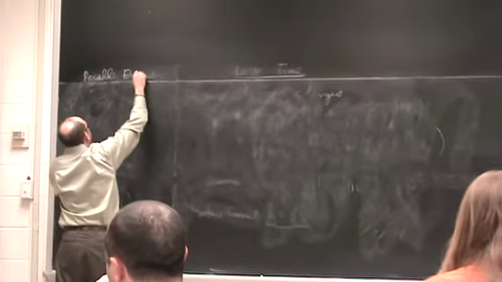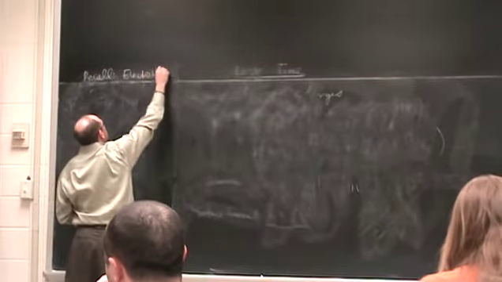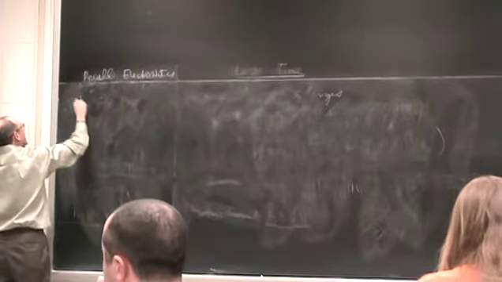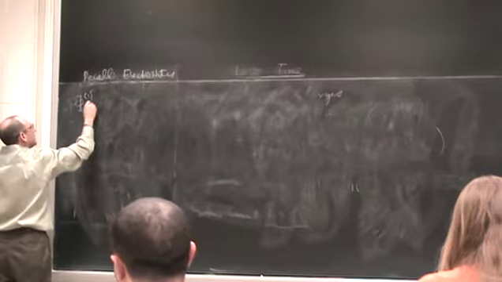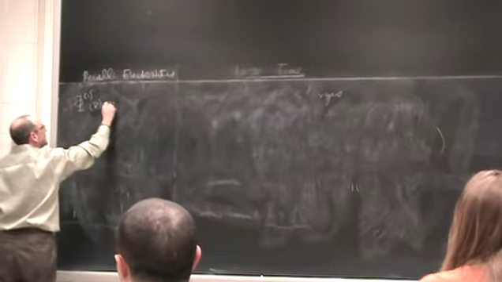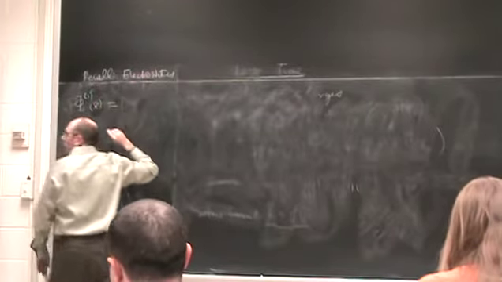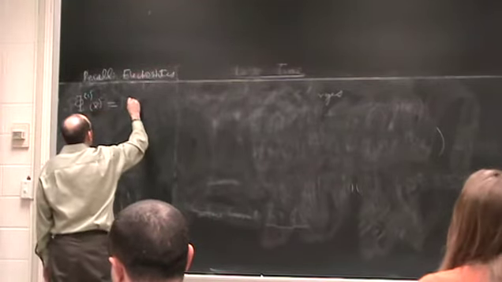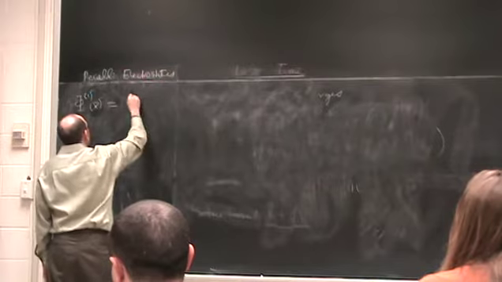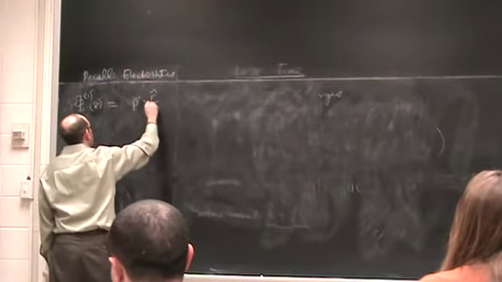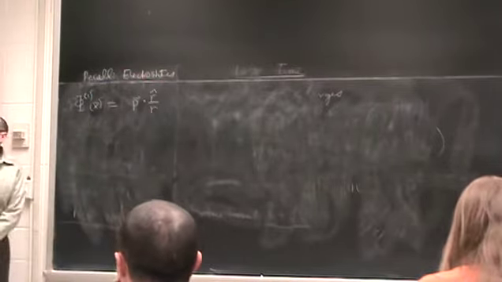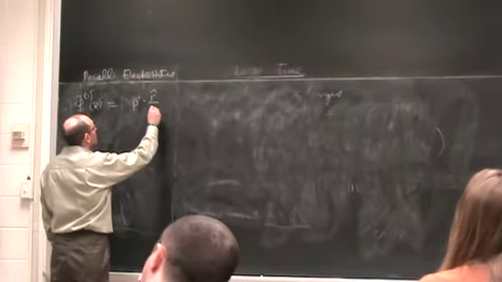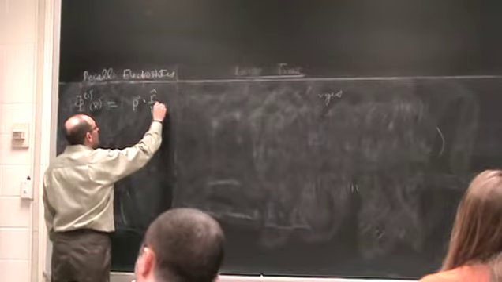In electrostatics, we had the dipolar potential equal to P dot r hat over r, sorry, r squared.